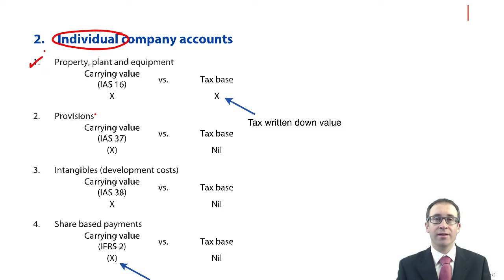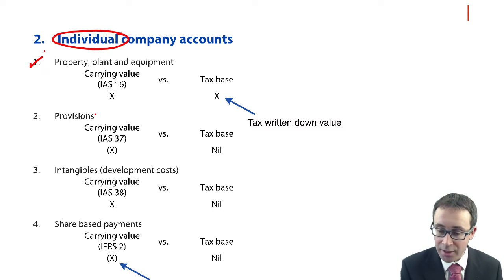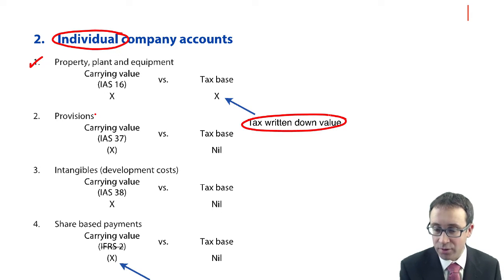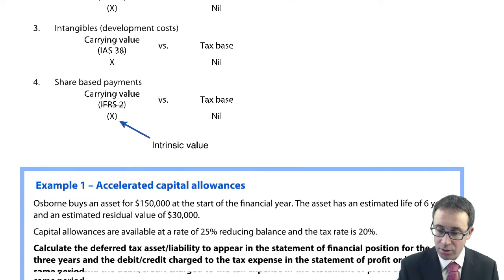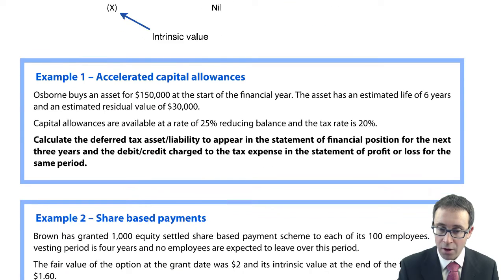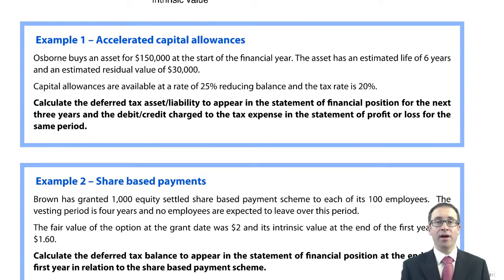You take the carrying value, which is going to be under IAS 16, and you compare that to the tax base, which essentially is your tax written down value, your cost, less your accumulated capital allowance or your accumulated tax depreciation. Before we go any further and talk about the other aspects, let's just go through there and play around with the example that we have there for your accelerated capital allowances.